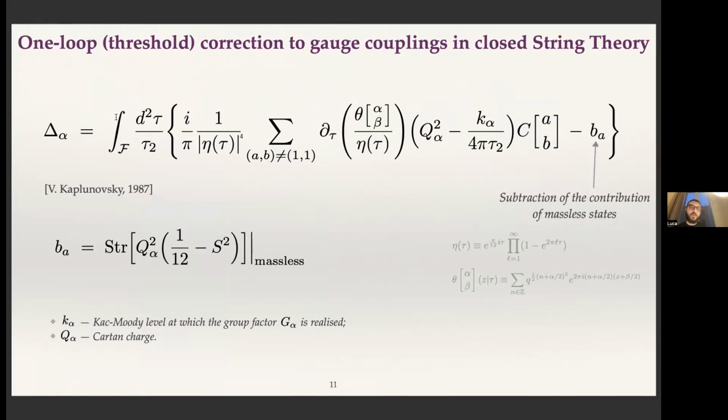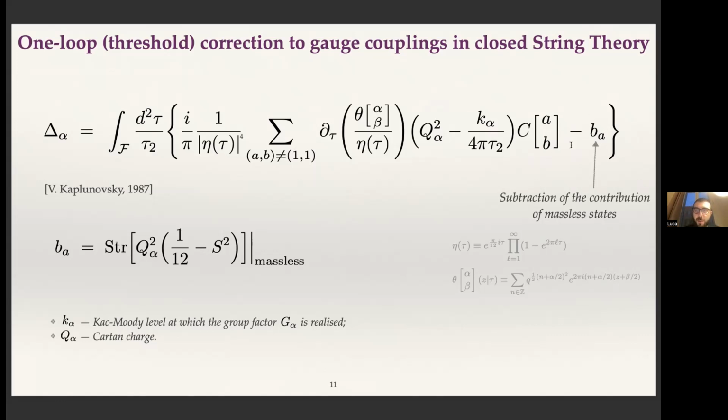So this is the expression that precisely appeared in the paper by Kaplunovsky in 1987. The first thing is the full one-loop corrected gauge coupling, but in order to make the integral finite, we have to somehow regulate it. And the way that Kaplunovsky did that is simply a subtraction of the contribution of the massless states.